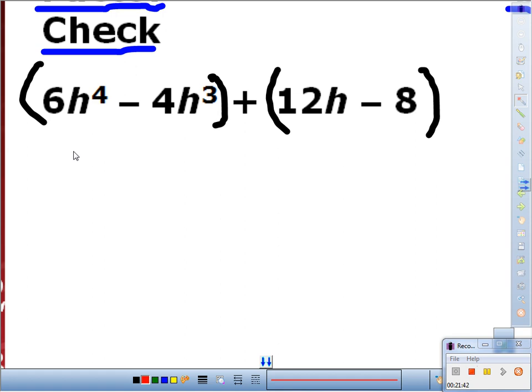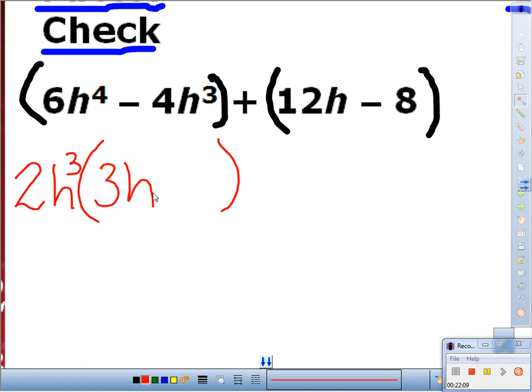Therefore, the GCF for these 2 is 2h to the 3rd. If that's true, that means 6h to the 4th divided by 2h to the 3rd, that's 3h. Negative 4h to the 3rd divided by 2h to the 3rd, I'm left with negative 2. Are we there so far? All right. I bring down the plus sign.